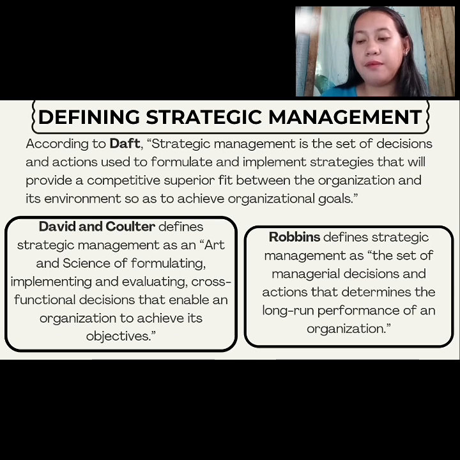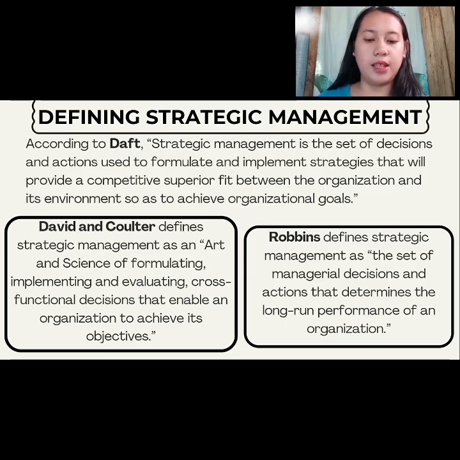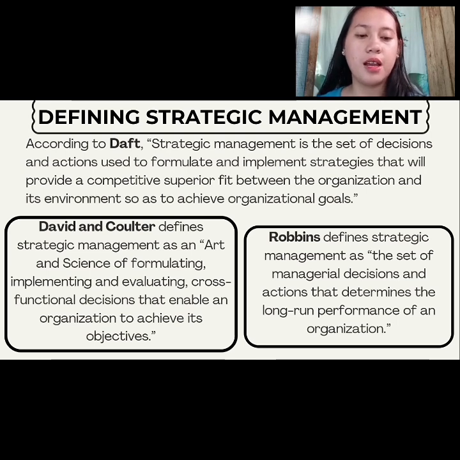Then, David and Coulter define strategic management as an art and science of formulating, implementing, and evaluating cross-functional decisions that enable organizations to achieve its objectives. So this definition highlights strategic management as a process that involves planning, execution, and assessment of decisions across different functions to reach organizational goals.